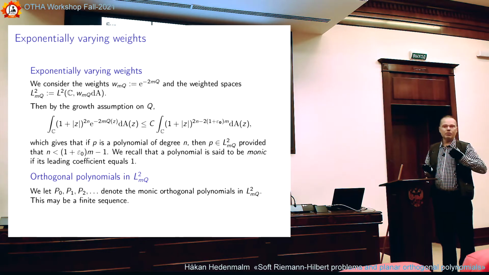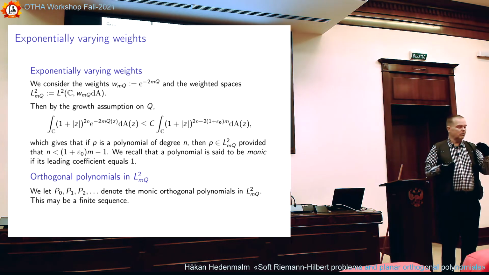The parameter m is thought of as going to infinity, so it's just bigger and bigger m. And what do we want to do? We want to study the space of polynomials of degree n inside this weighted space, this L2 space with that weight.